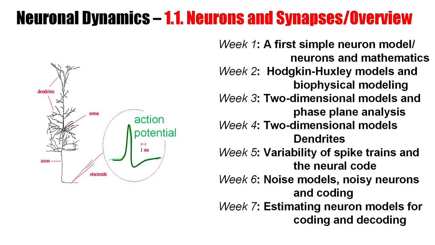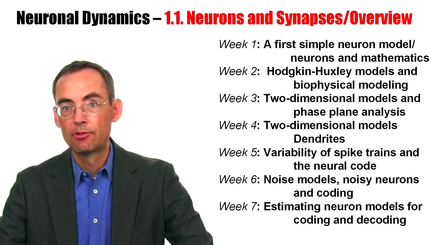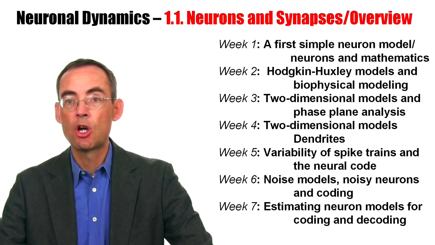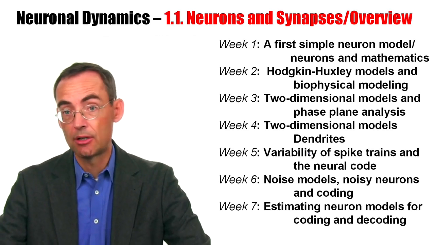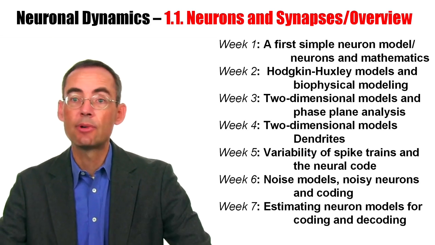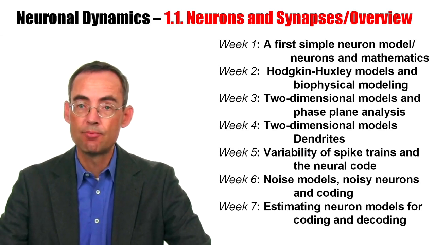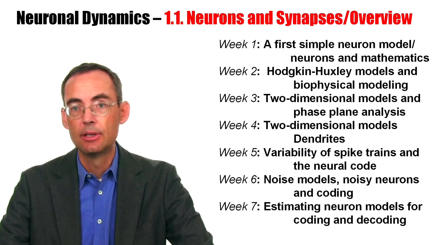So overall, I will present this week a first simplified model of a neuron. Then in the next week, we will go on to Hodgkin-Huxley models, which we then simplify and reduce to what's called a FitzHugh-Nagumo model. We will talk about the dendrite, we will talk about neural coding, we'll talk about the question of noise, about the question of what is the information processed and transmitted by a neuron.